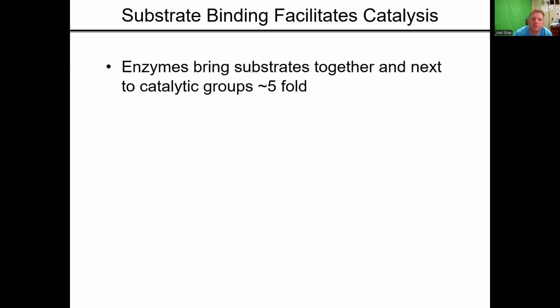This is an important point because I always think about this like, if you have 2 reactants and they are in close proximity together, there's a chance they will react with one another. Now, let me draw a parallel here.